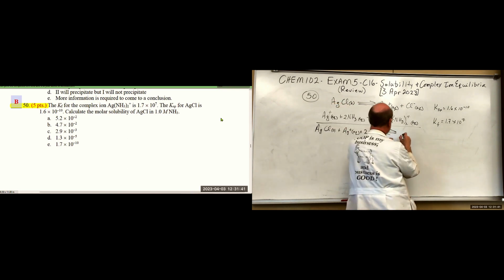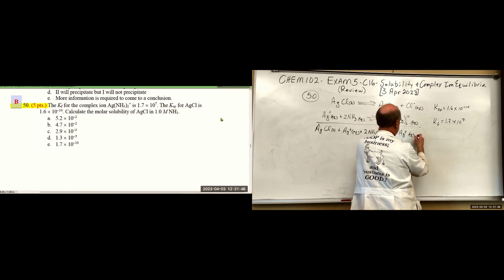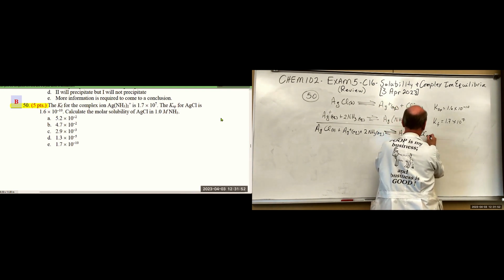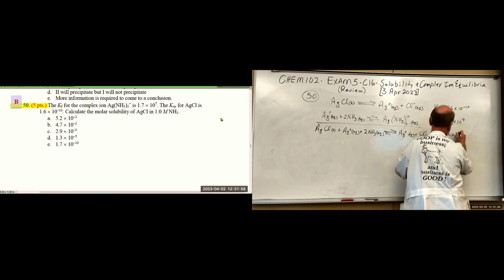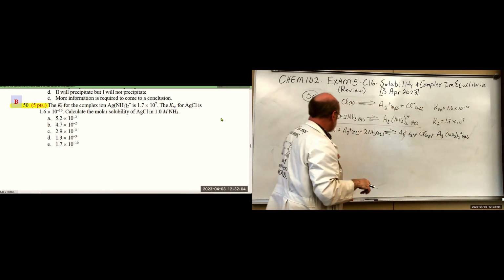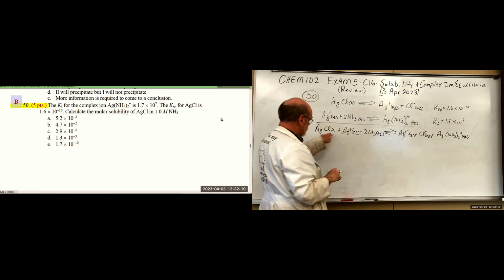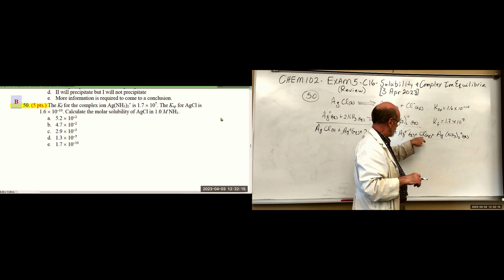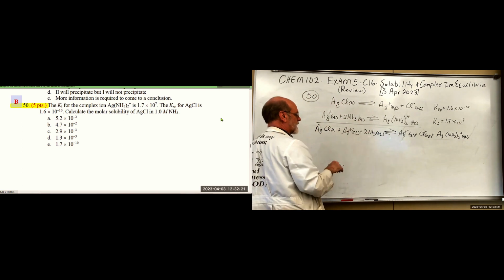Okay, and this is going to be in equilibrium with silver ion plus chloride aqueous plus the complex ion. Aqueous. Okay. So notice we've got silver on both sides. So that has to go out. And we're left with the solid, the ammonia on the reactant side, the chloride, and the silver complex on the right-hand side.